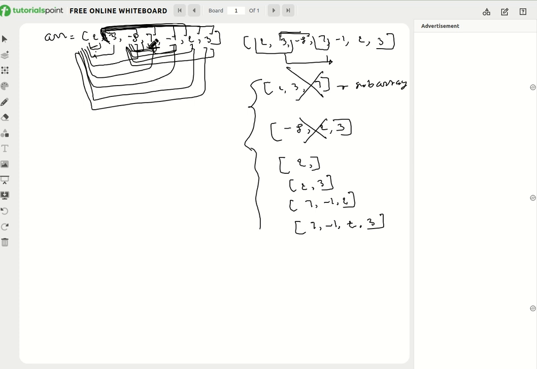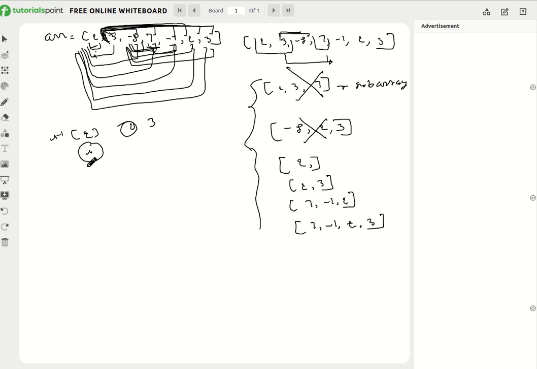Okay, so what is the idea here? First we will check the first number, like 2. We can consider this as i. Include this element in the subarray that ends at i minus 1, that means the previous one. If I'm taking 3, I'm talking about the 2.